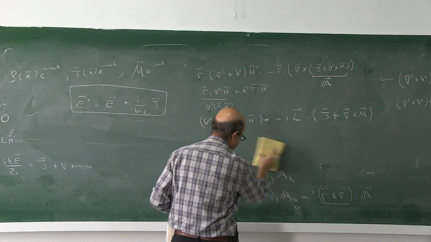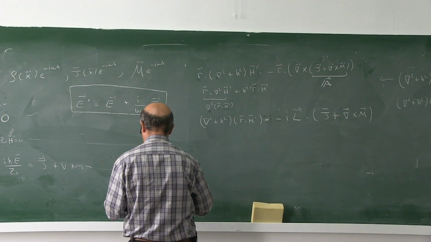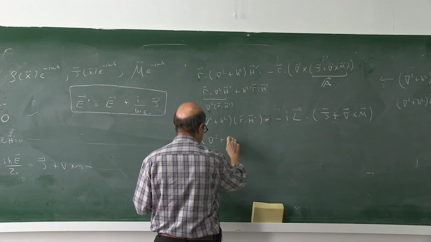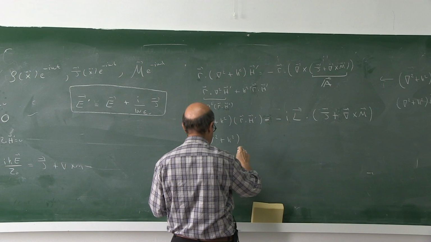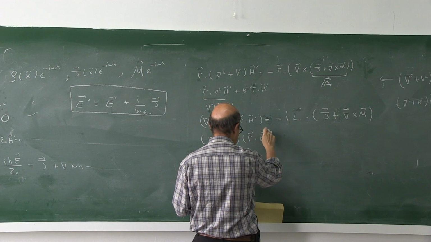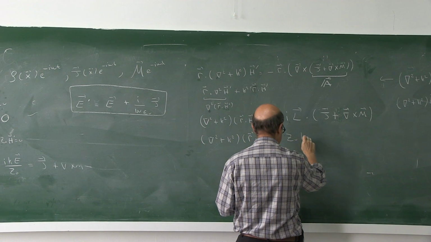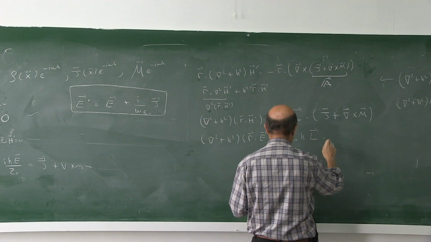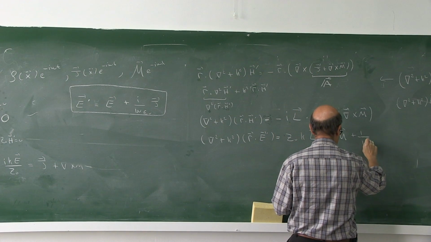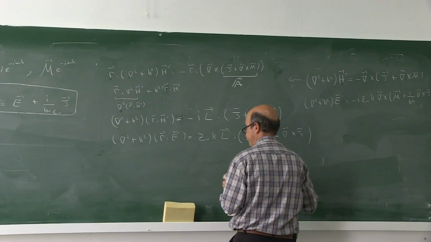If you do the same algebra for the other one, you will obtain another scalar non-homogeneous wave equation for R dot E prime, with the source terms Z0 k L dot magnetization plus 1 over k square curl of current density.